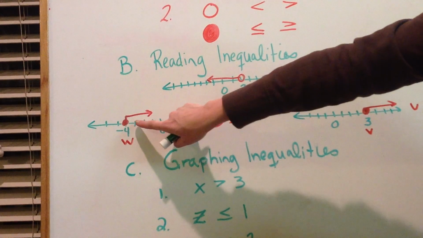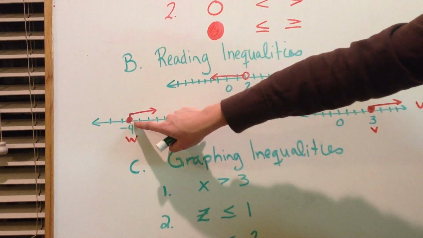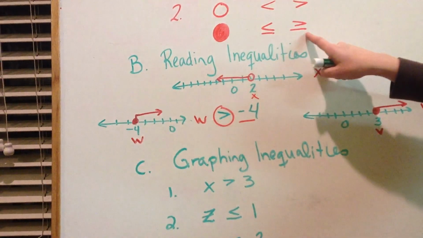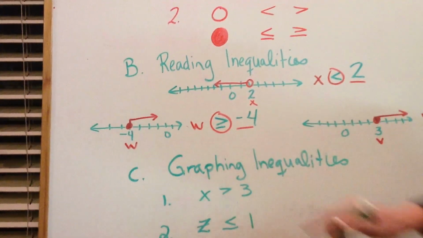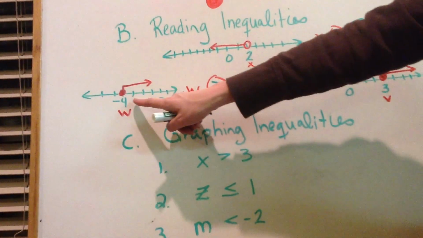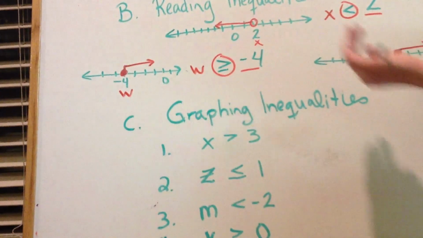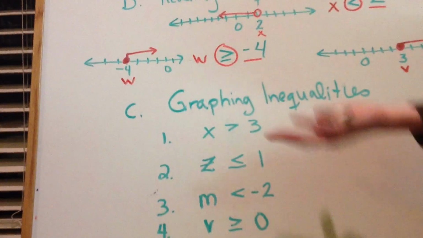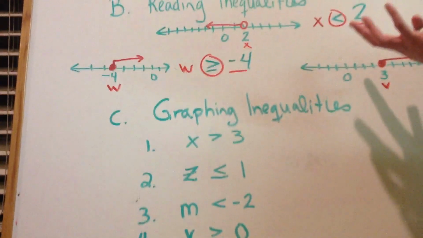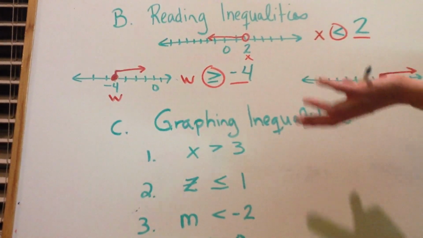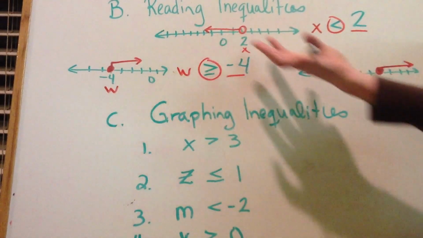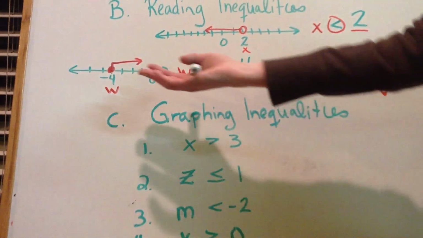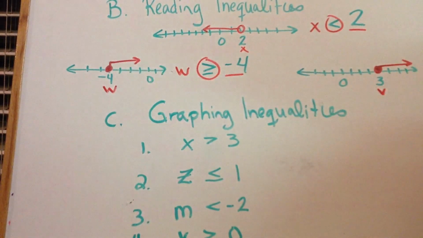But now look at your dot. Is your dot filled in? It is. And so if it's filled in, it's going to be greater than or equal to. That means that W could be exactly -4 or bigger than -4. It could be a -3, a -2, a 1, a 5, a million, a trillion, a 1.25368. There's so many answers we can't even talk about them all. But they're going to be bigger than or equal to -4.